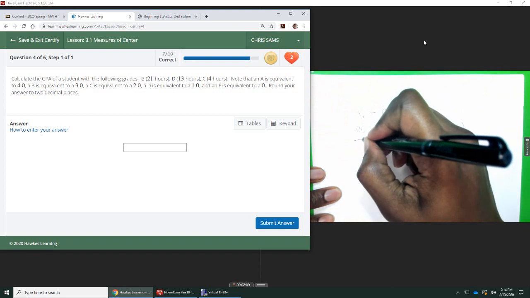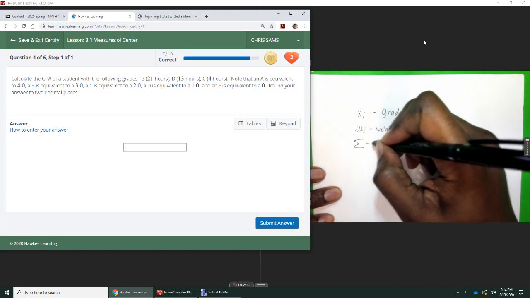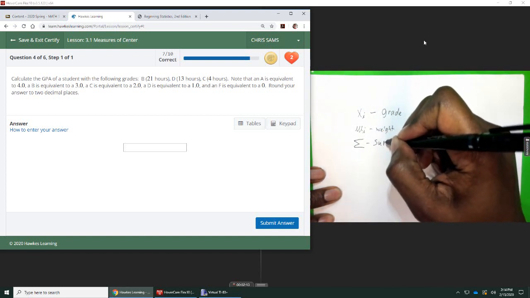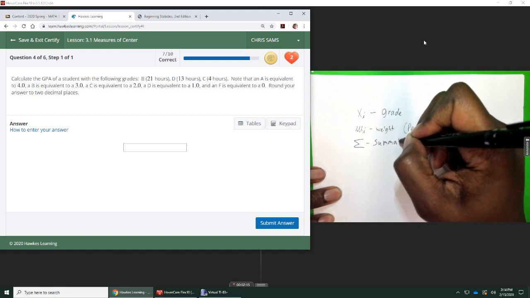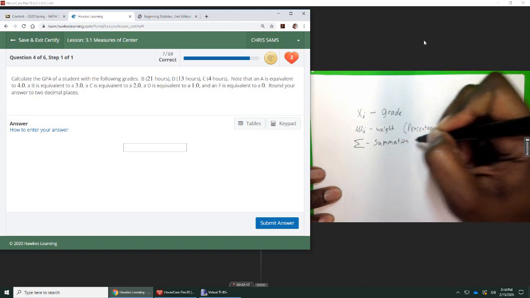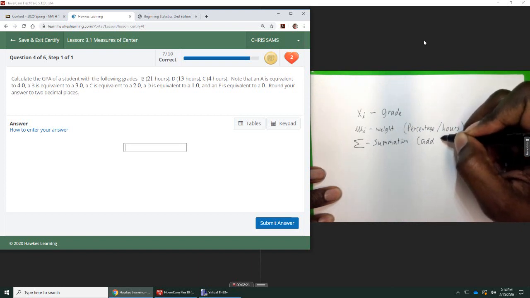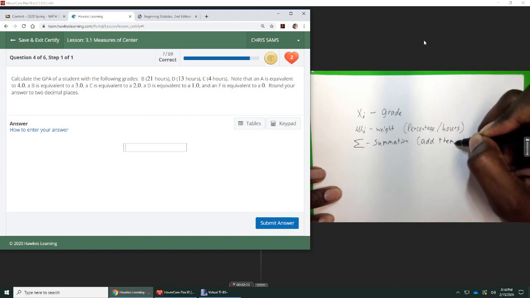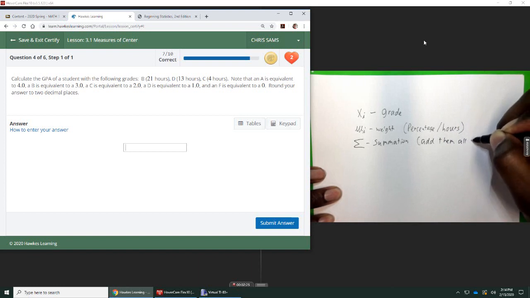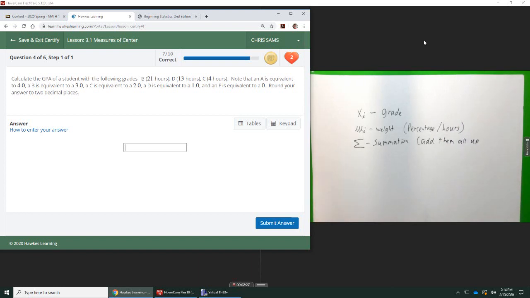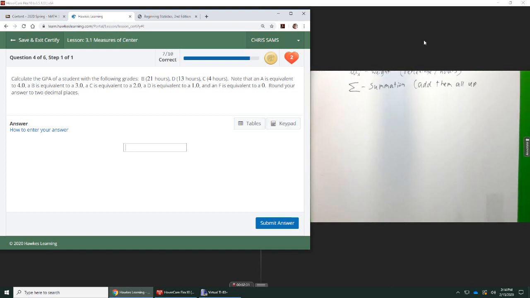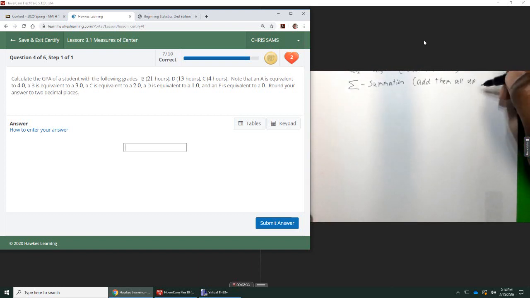So again, this symbol right here is summation. This means add them all up. Okay, so in this example, I'll show you both.